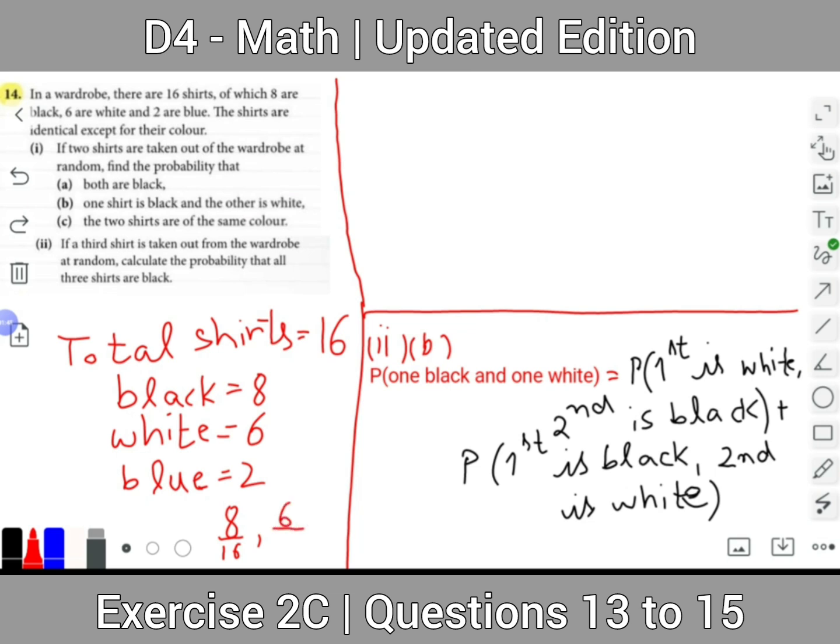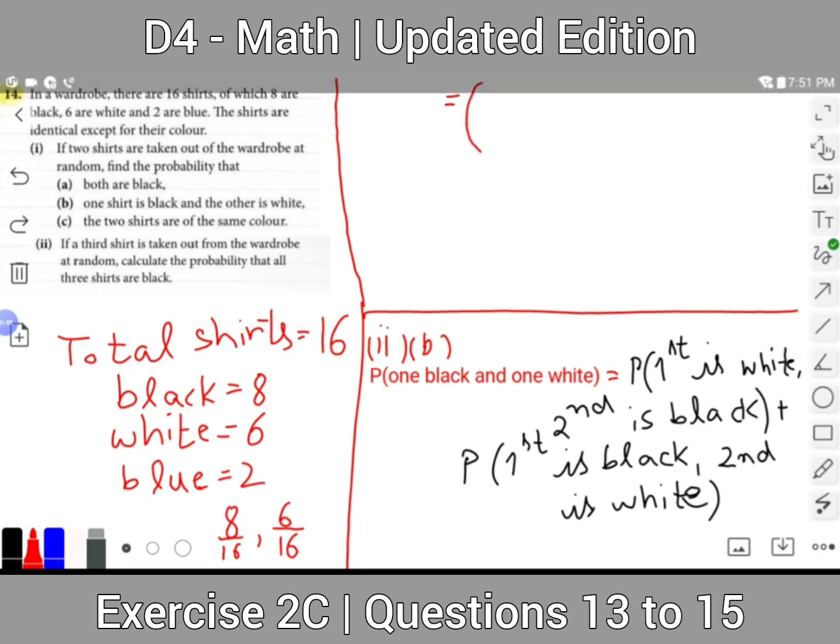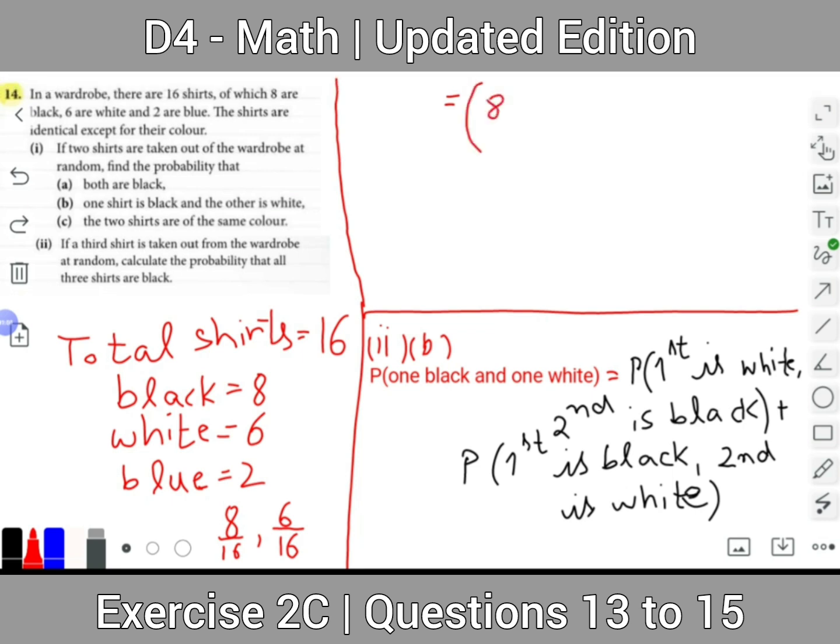6 over 16. So now for the probability that the first is black, we will write down here 8 over 16 multiplied by second is white.